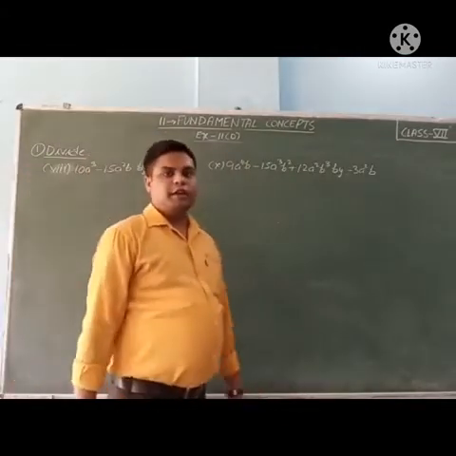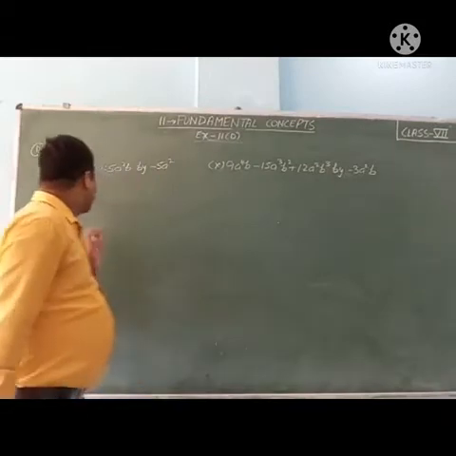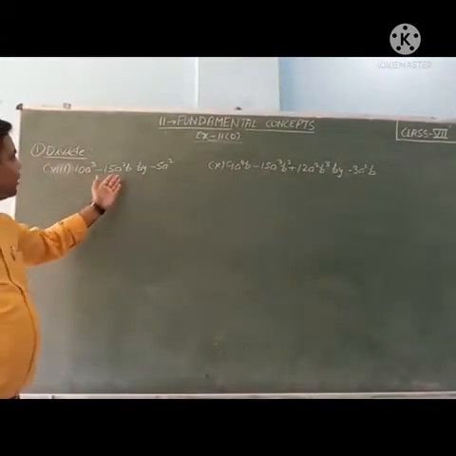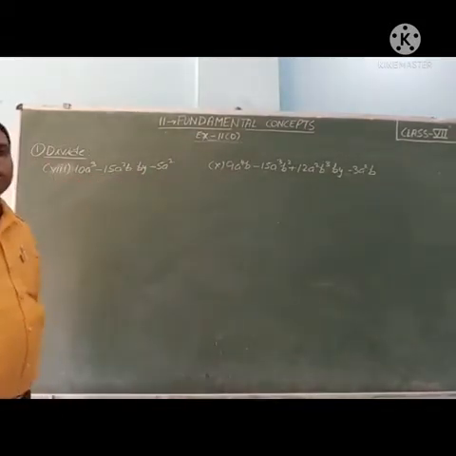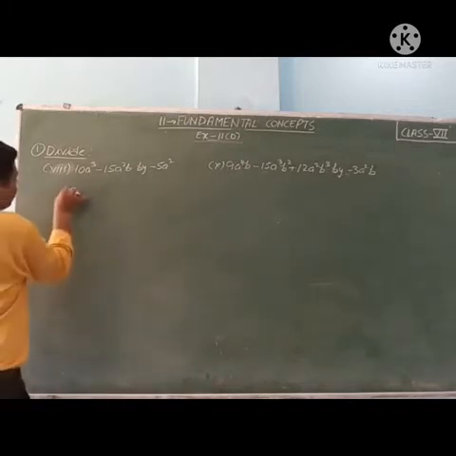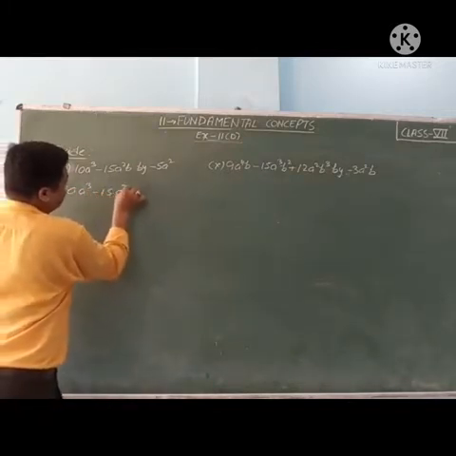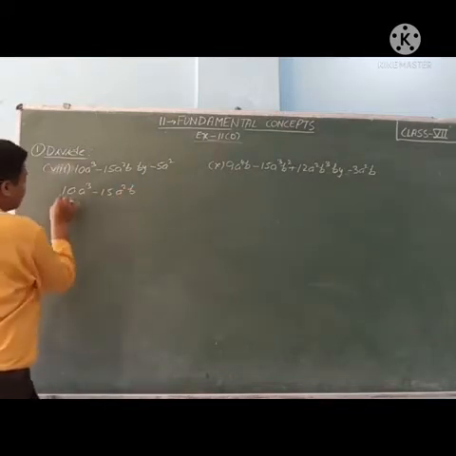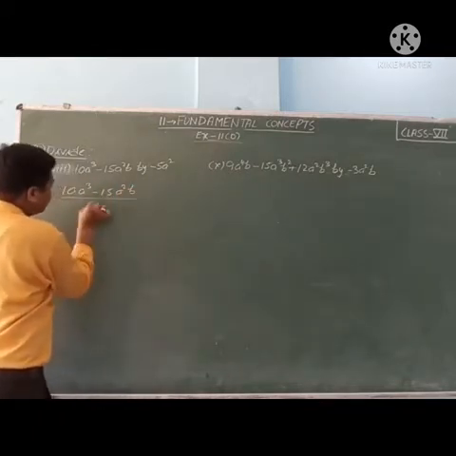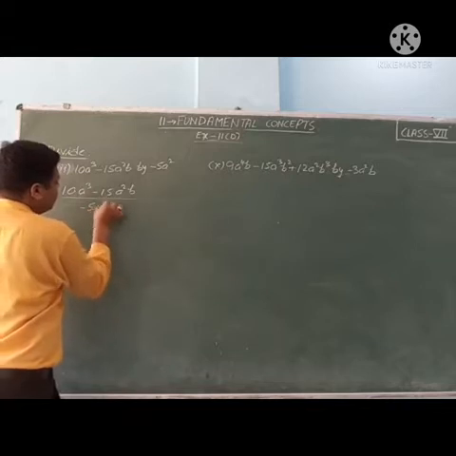Now students, see the 8th part of divide. That is 10a³ minus 15a²b by minus 5a². So 10a³ minus 15a²b upon minus 5a².